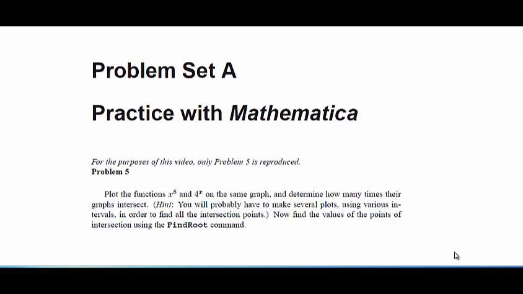with Mathematica. But as it says here, for the purposes of this video, only problem 5 is reproduced. So here's problem 5 right here. And it asks you to plot these two functions, x to the 8 and 4 to the x, on the same graph, and determine how many times those graphs intersect.